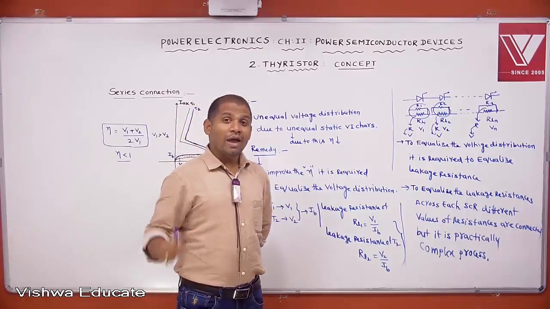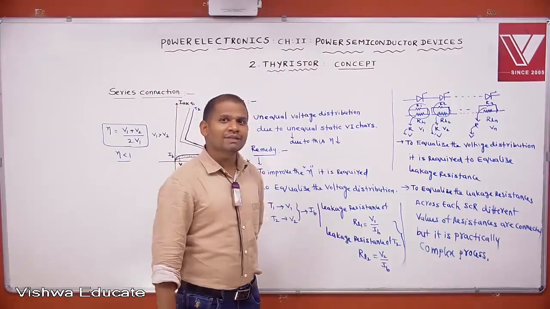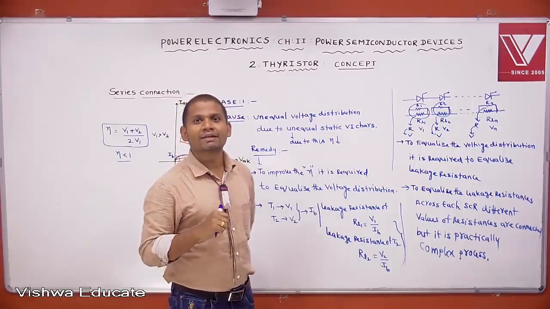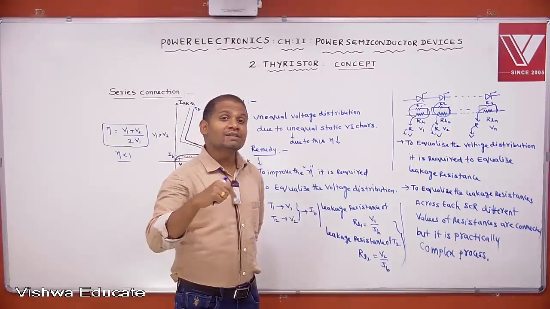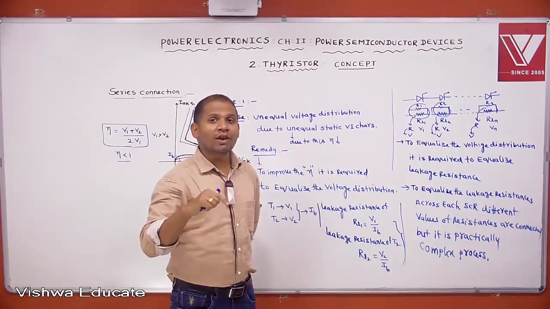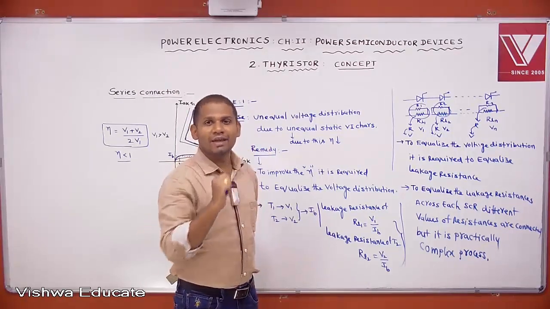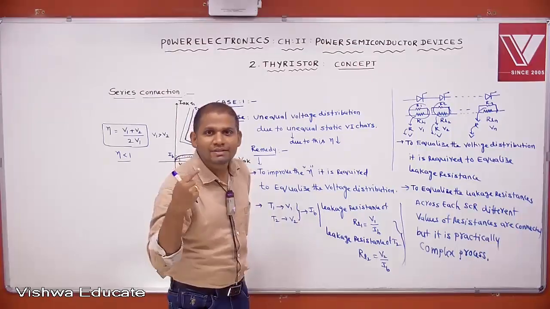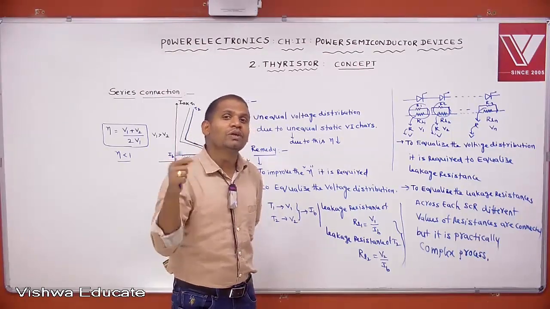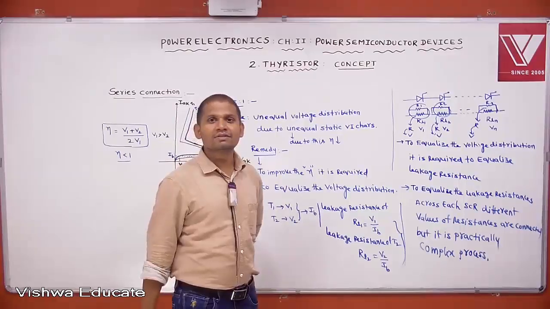Understood? Why am I telling that it is a static equalizing resistance? Yes, it is equalizing the static characteristics. We are equalizing the voltage distribution, which means indirectly we are equalizing the static VI characteristics. That's why this resistance is called static equalizing resistance.